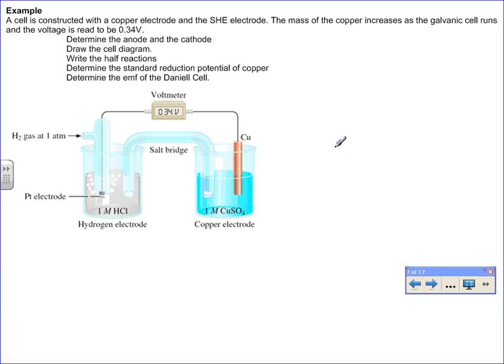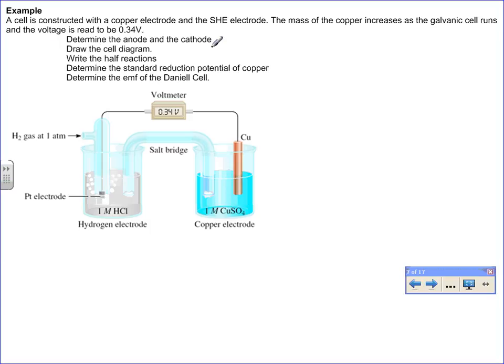So let's look at another example here. We've got another situation where we've got the SHE electrode connected to another half cell, in this case the copper reaction. So we've got a copper electrode in a copper solution. The information that we're given is that the mass of the copper is increasing, and it gives us the voltage to be 0.34.